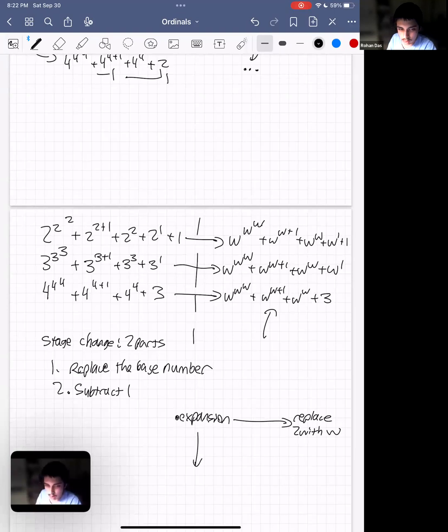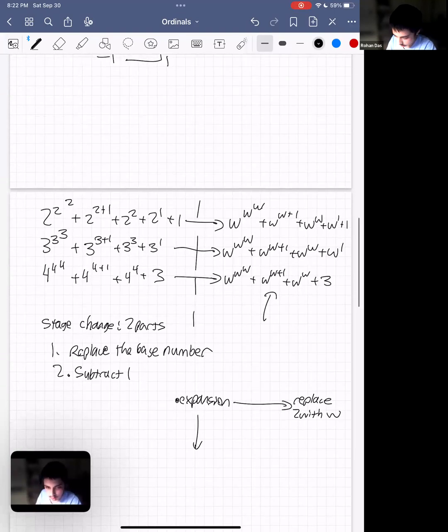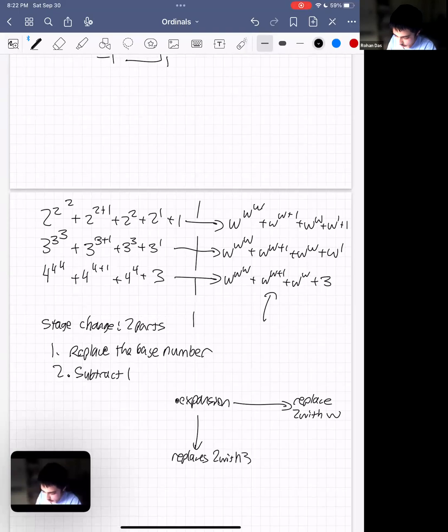If we look at the result after step 1, it replaces 2 with 3. And in the paralleling term, we then replace 3 with omega. So they reach the same conclusion.